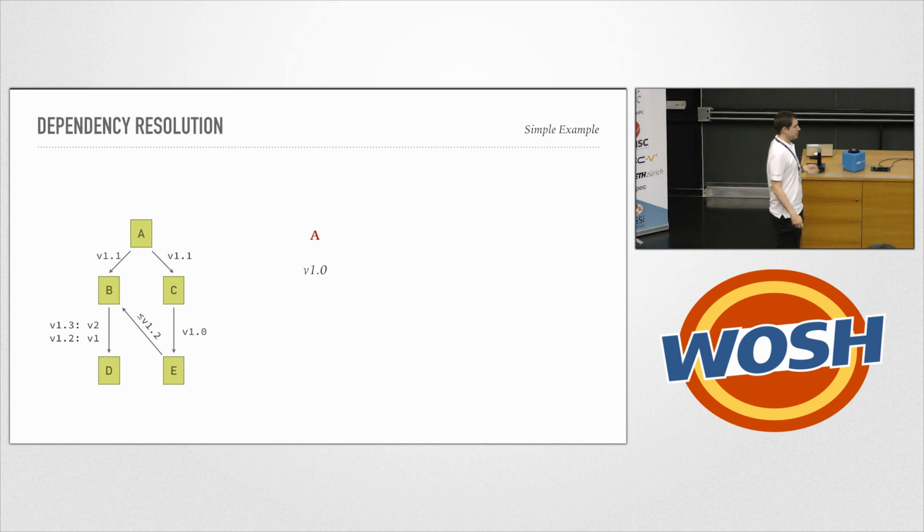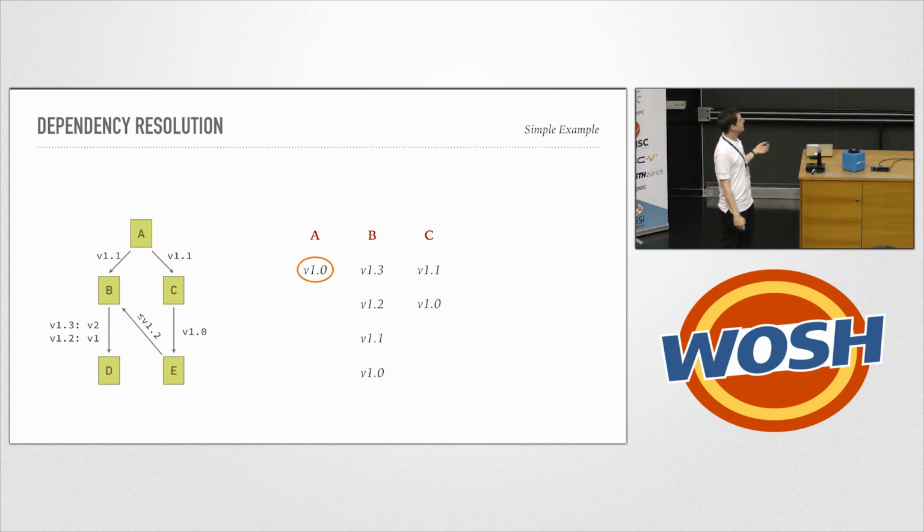So the problem there is that, okay, we start out again with package A, it's version 1.0, we pick that, and then we fill in again the available versions for B and C. We cross out, due to dependency requirements, the versions which are not feasible anymore, and we pick a version of the packages, which in this case is 1.3, 1.1, whatever is compatible and the most recent.